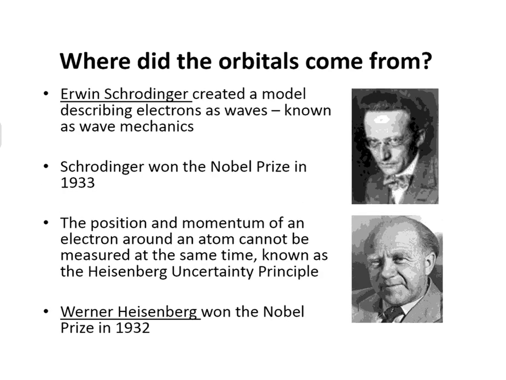A little bit more on a couple of the individuals that came up with the orbitals. These two gentlemen won Nobel Prizes for their work. And again, if you've taken some physics or have a bit more background, you probably have heard of at least one or two of them. So Erwin Schrödinger won his Nobel Prize in 1933, and Werner Heisenberg got his in 1932.